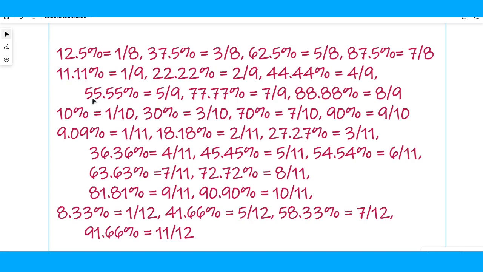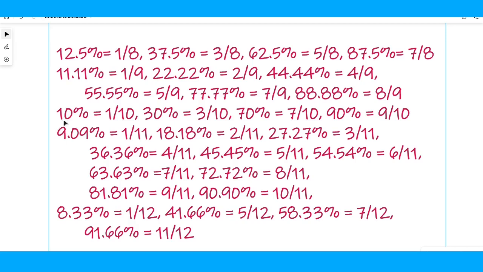Then 55.55% is 5 upon 9. 77.77% is 7 upon 9. And 88.88%, which is 8 times of 11.11%, is 8 upon 9. And then 99.99%, which is 100%, that is 9 upon 9 or 1.